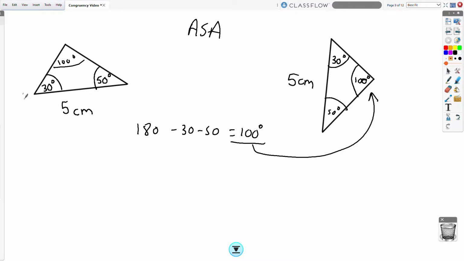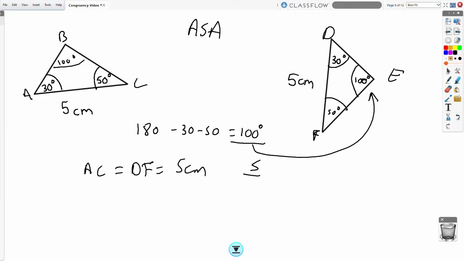And once again, we want to label them A, B, C, and D, E, F. So we have a common side, so AC is equal to DF, which is equal to 5 centimeters. Then we have an angle, so let's use the one we were given.